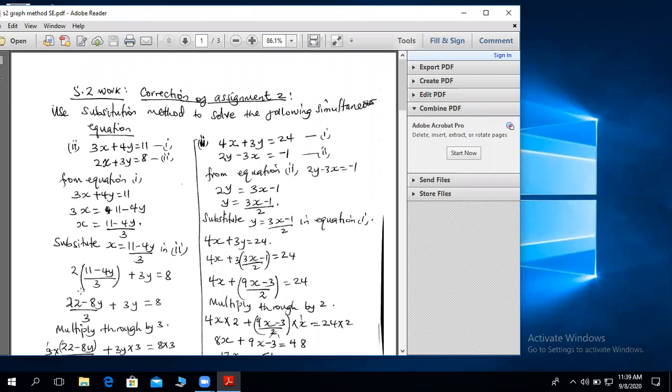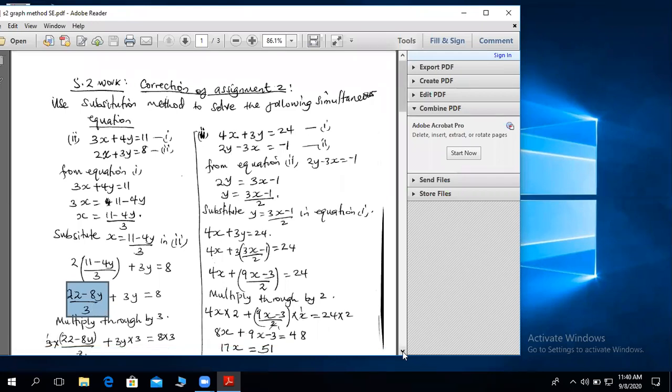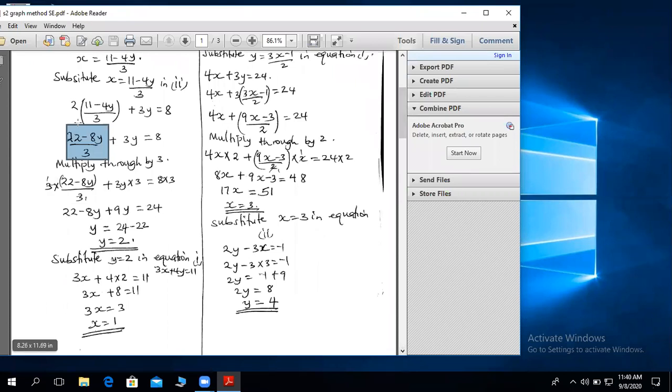What do I do from here? I still have a fraction. How do I eliminate this fraction? I multiply everything by 3 such that this 3 can cancel. And when I multiply everything by 3, I will have 22 minus 8y times 3, and the 3 will cancel here to have 1 plus.